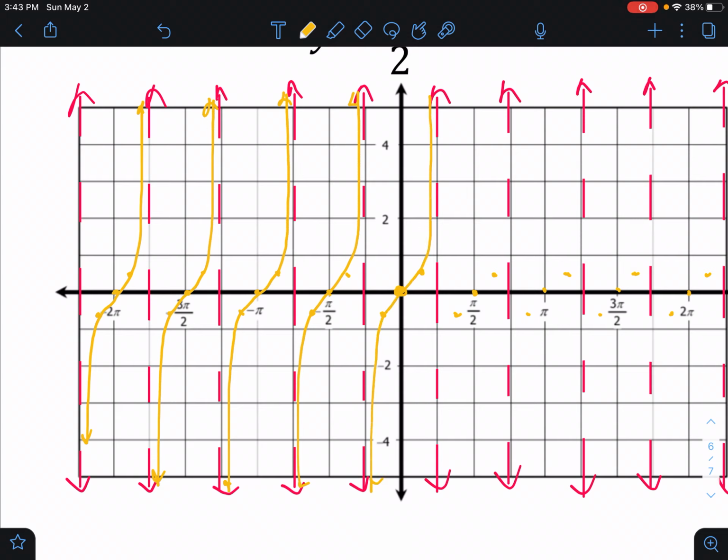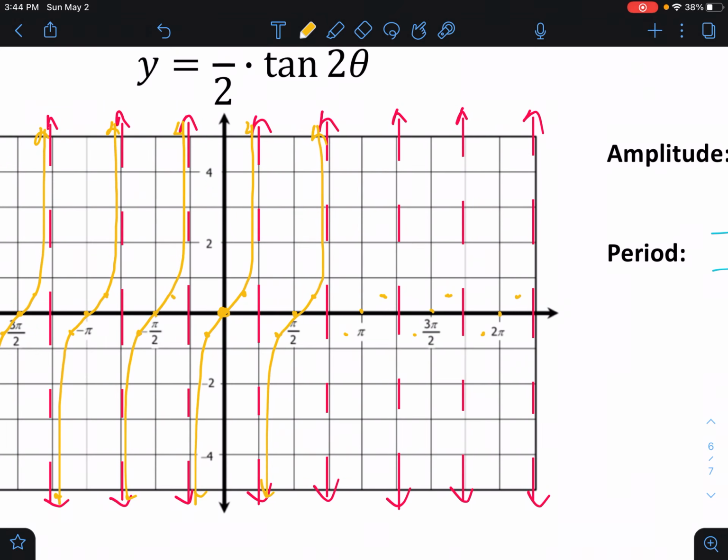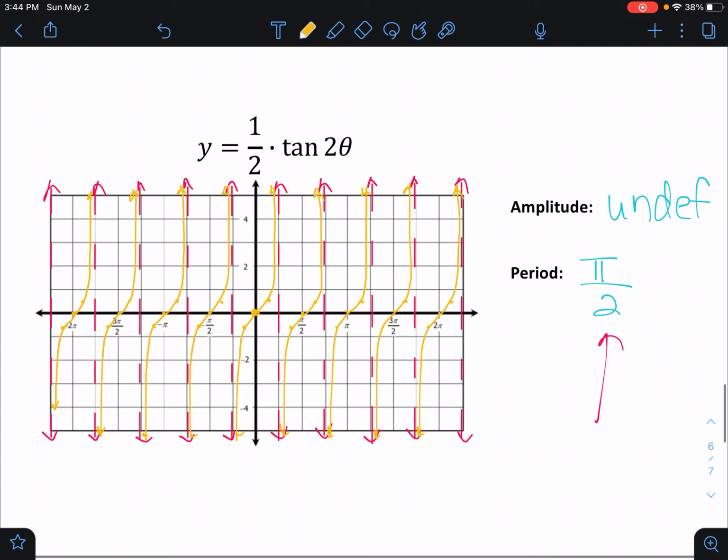It does look a little bit nicer to see with the colors. Okay, and that is tangent. I hope you're getting the hang of this.